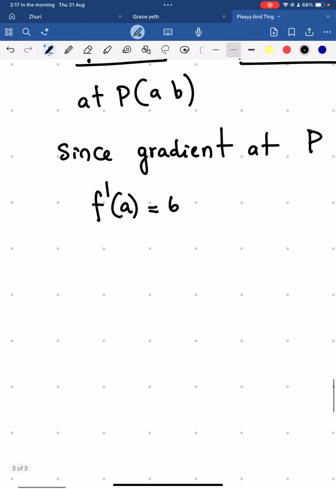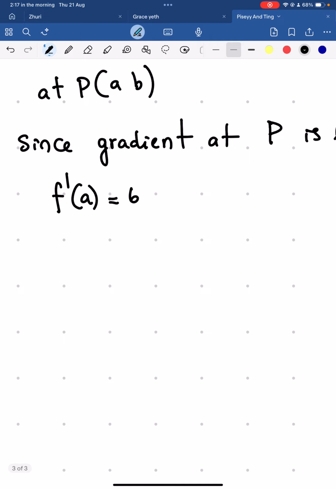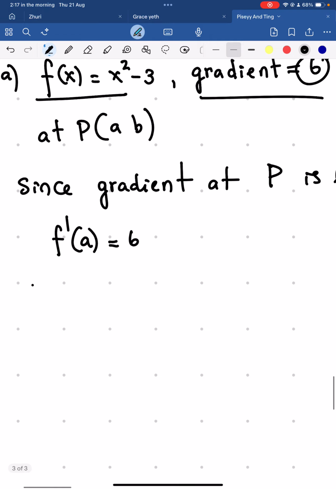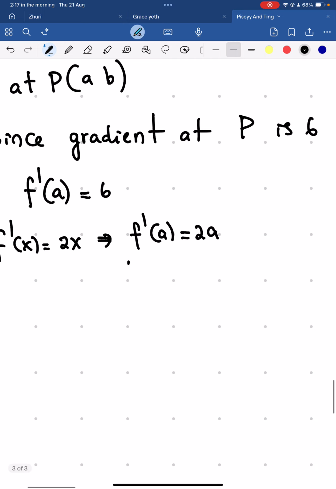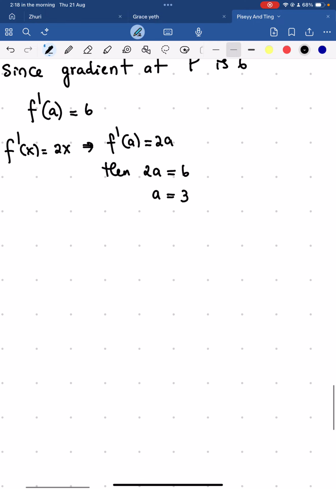Since f prime of x equals 2x, f prime of A equals 2 times A, and also equals 6. Then 2A equals 6 and A equals 3.